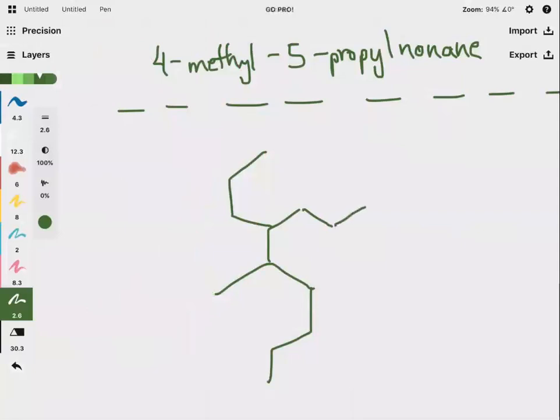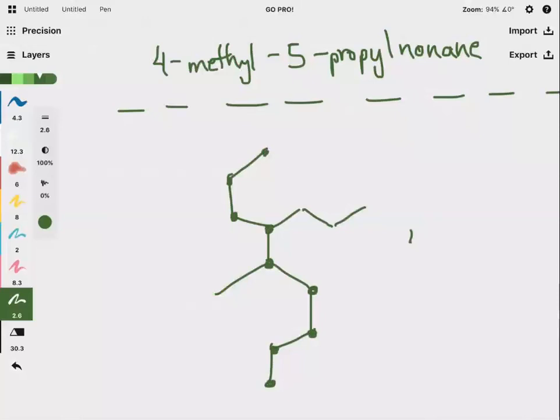Something like that. So the longest chain is still the up and down chain, right? 1, 2, 3, 4, 5, 6, 7, 8, and 9. So it's still a nonane, and we still want to start numbering it from the top to the bottom because our first substituent branches off at 4 as opposed to 5.